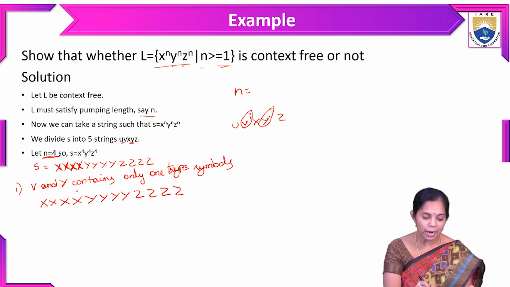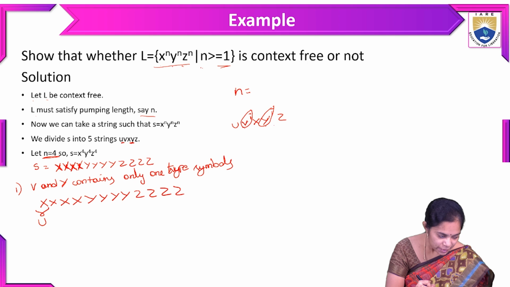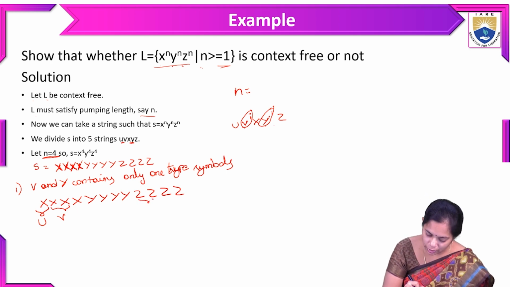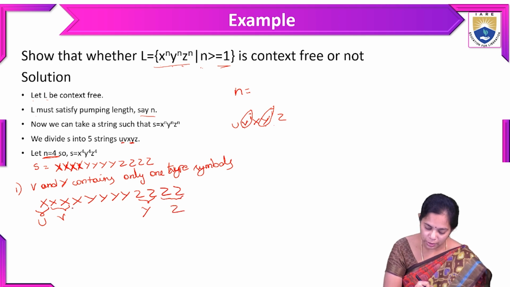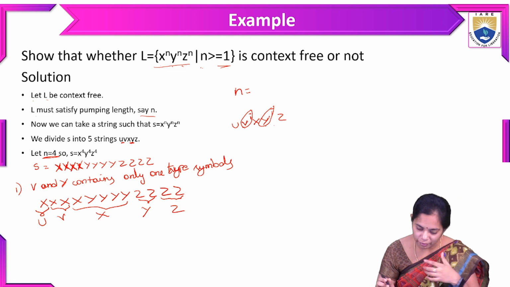Here v and y contain only a single symbol. So we take the first x as u, the next 2 x's we name as v, and the remaining, this y and this z, and this x, so we have divided this into 5 parts.